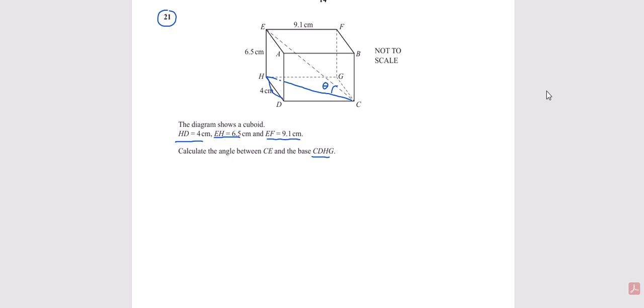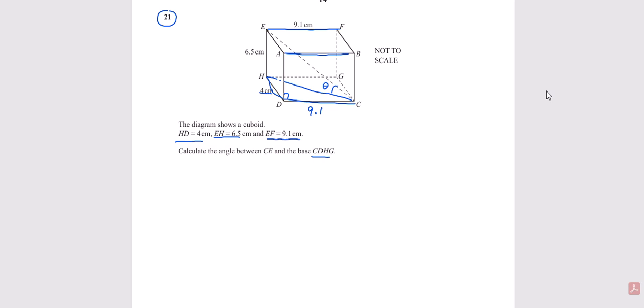So this side is 4 centimeter, and this side and this side are parallel to each other, so this one is also equal to 9.1. This is a 90 degree angle. We use Pythagoras theorem.